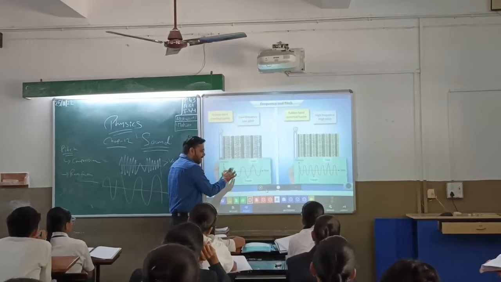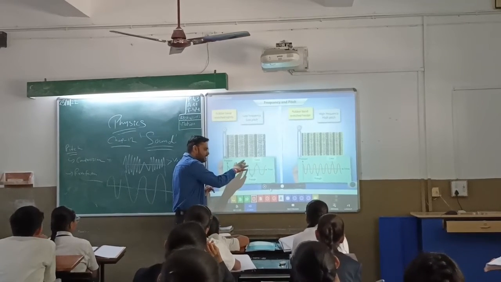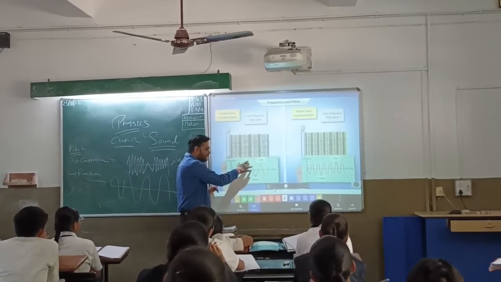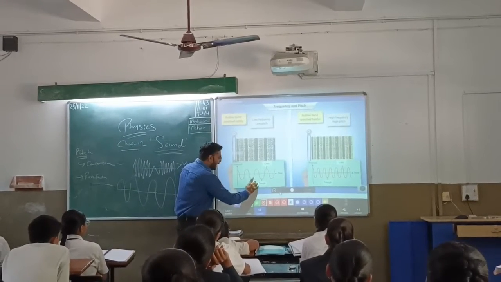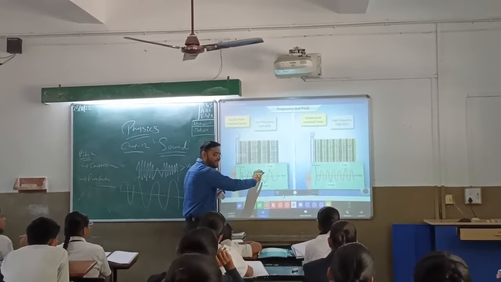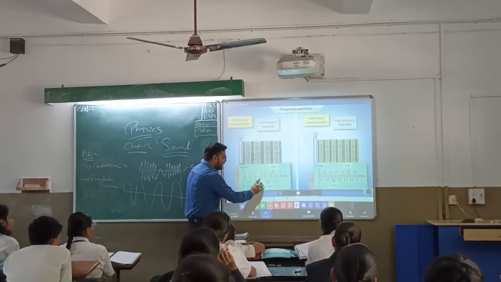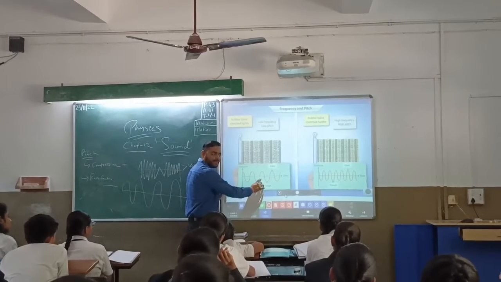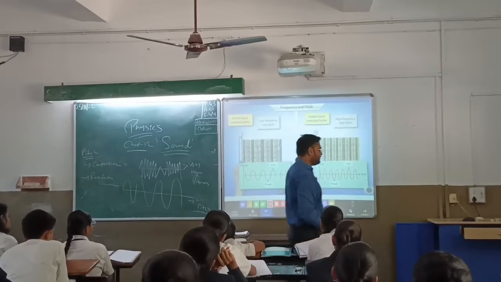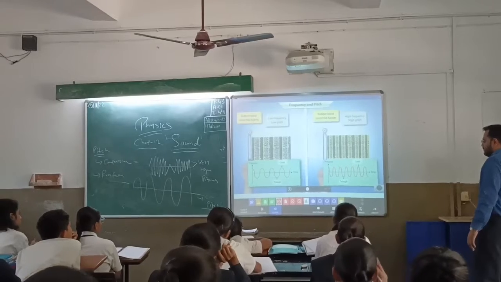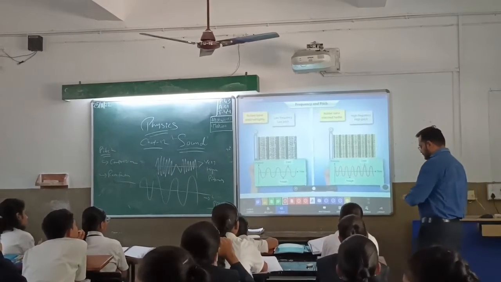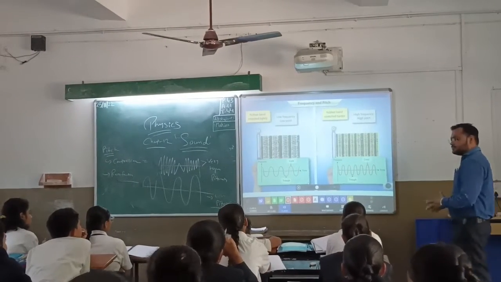The gap between one crest and another crest is known as the wavelength, denoted by the Greek letter lambda. This is the wavelength. Now the maximum height covered is known as the amplitude, A. This one, from here to here, is A. Okay? Now rarefaction is represented by a valley called the trough.